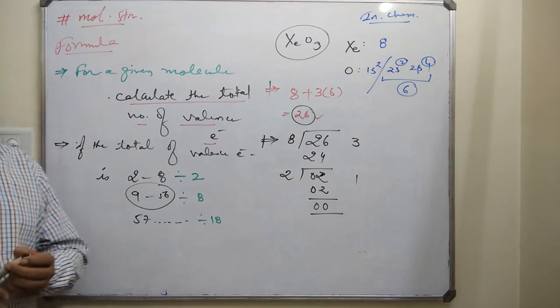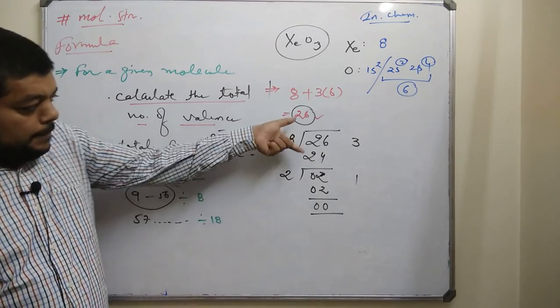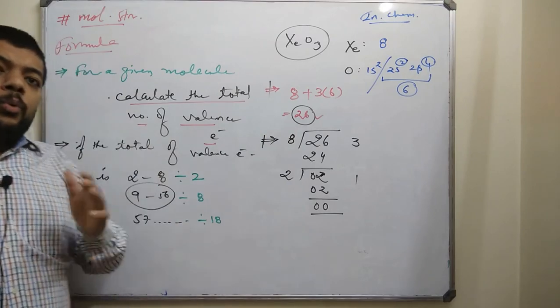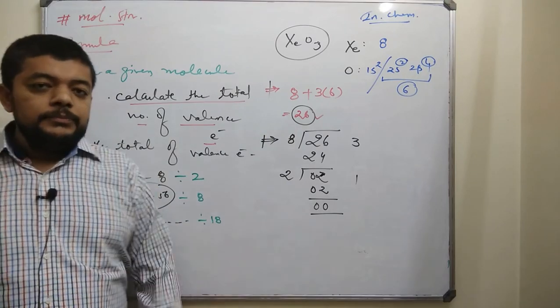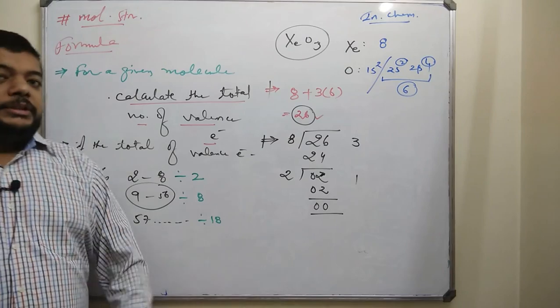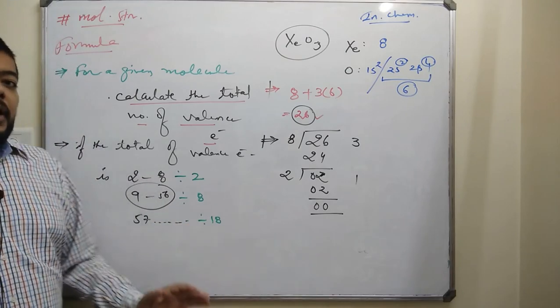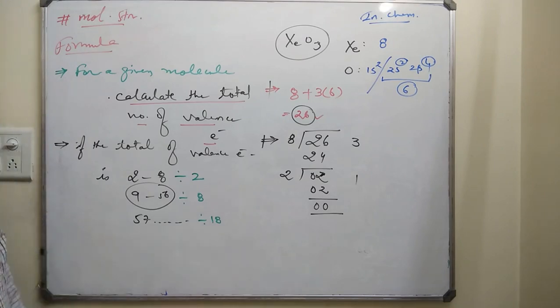Remember friends, minimum in 1 step and maximum in 2 steps. If you attain the answer 0, then and only then this formula works. And this formula works in more than 90% of the concepts.